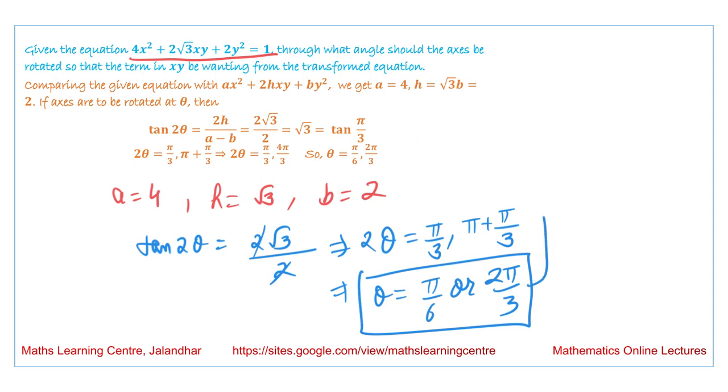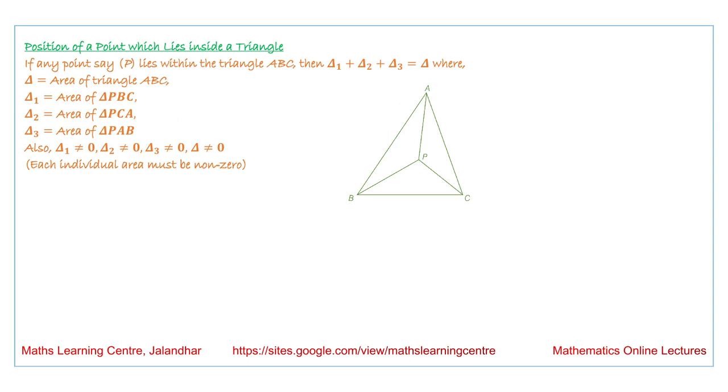So, we are saying that if the axes are rotated by any of these two angles, then the equation that we obtain on transformation of this equation will be free from the x into y term. Next is the position of a point which lies inside a triangle. Suppose a point P lies inside the triangle, then it divides the triangle into 3 triangles: one triangle, this is the second triangle and this is the third triangle.